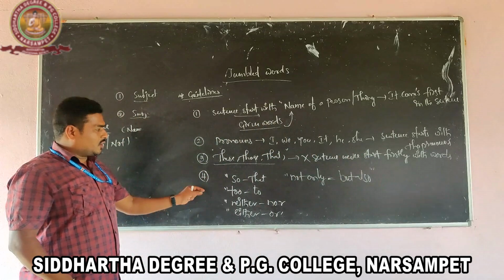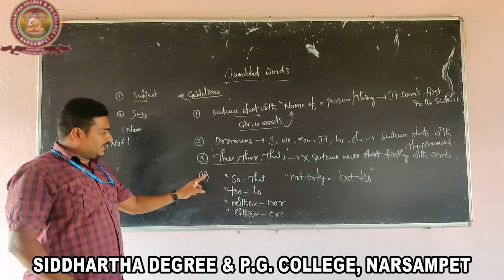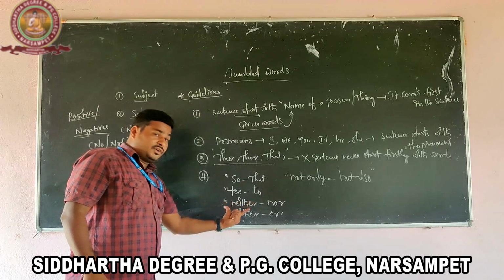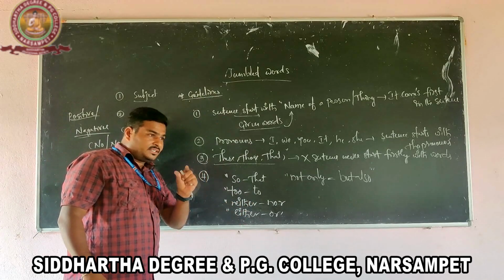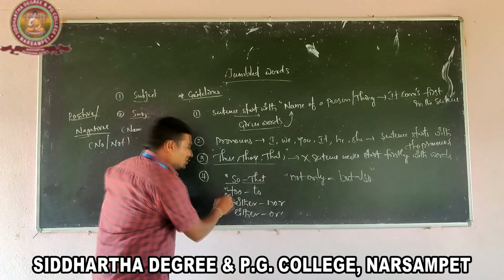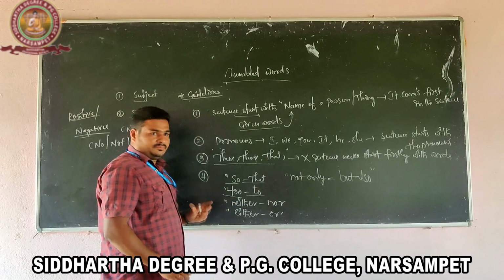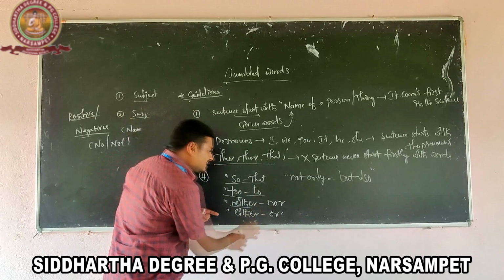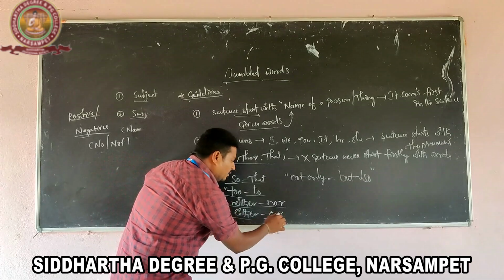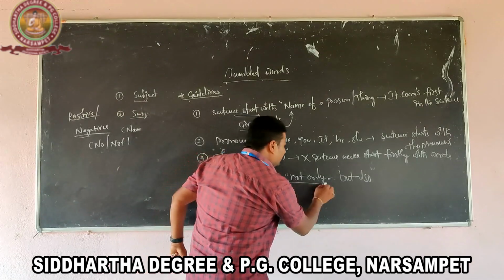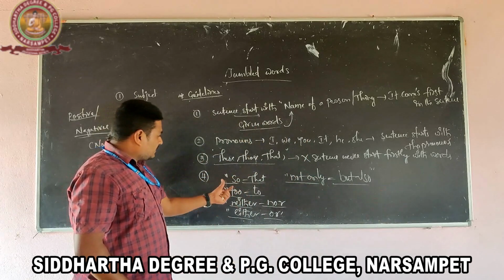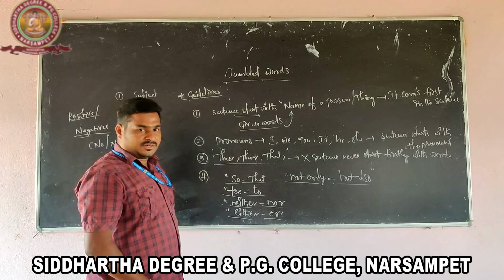So these are some combinations of words. Definitely, in the jumbled words, if these words are there, we identify the pair very easily. If so is there, that will definitely come. If to is there, to will come. If neither is there, nor definitely comes. Either comes, or will definitely come. If not only is there, but also will come definitely. So this is the fourth guideline to solve the jumbled words.